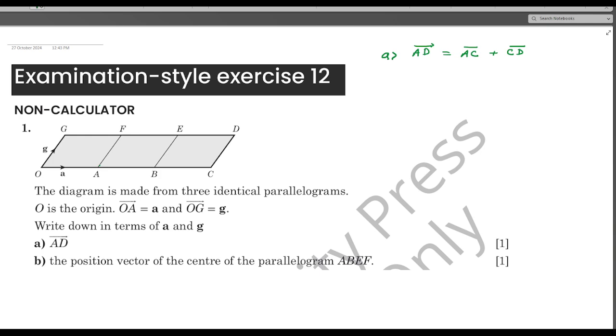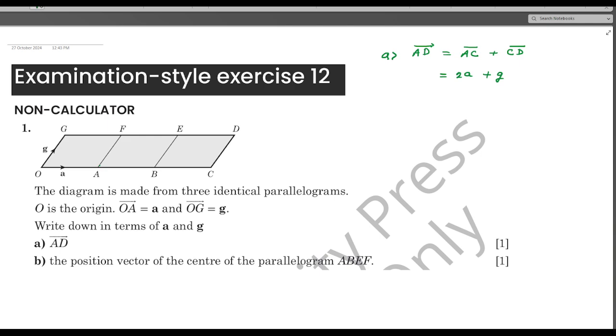Now your vector AC, as you can see, AC is in the same direction as OA, so your AC will be equal to 2 times A. The length is double of this OA and it is in the same direction, so this vector is your 2A, plus your CD vector and OG vector. They are equal in length and parallel, so this is going to be equal to G. So your AD vector is equal to 2A plus G.